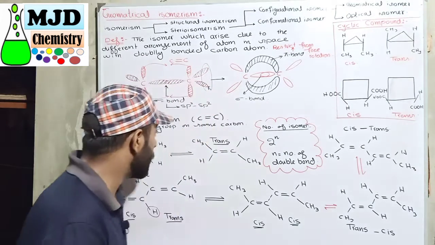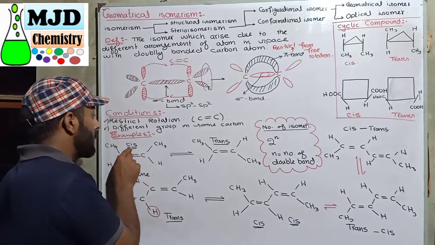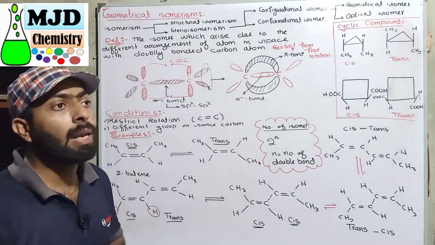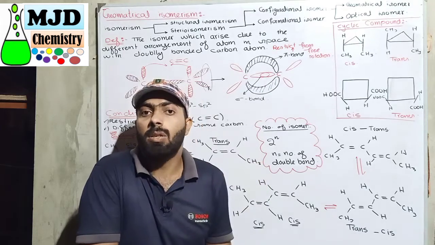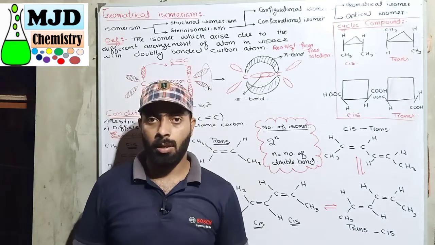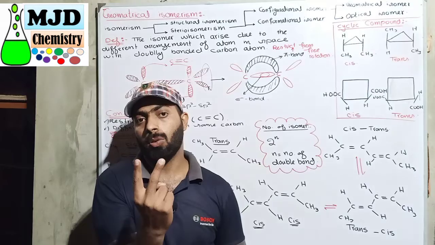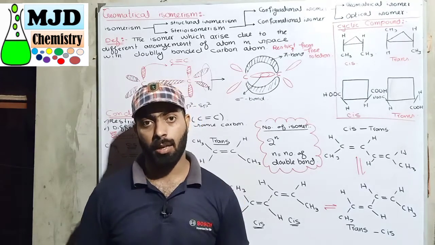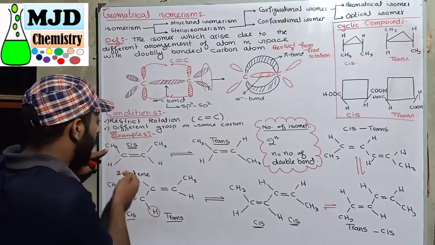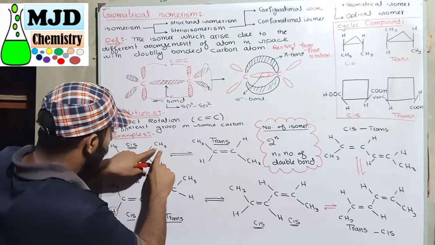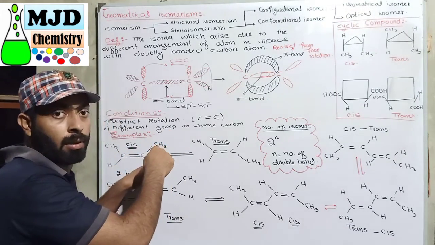And this isomer is known as the cis isomer. How can we estimate whether this isomer is cis or trans? If two same functional groups are present on the same side. Here CH3 is present above, and here CH3 is present above.